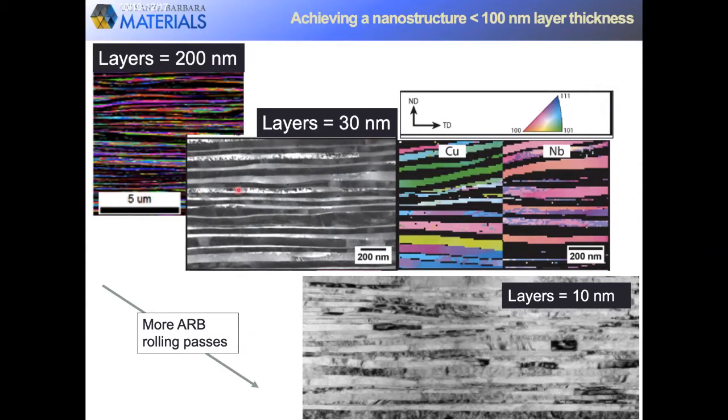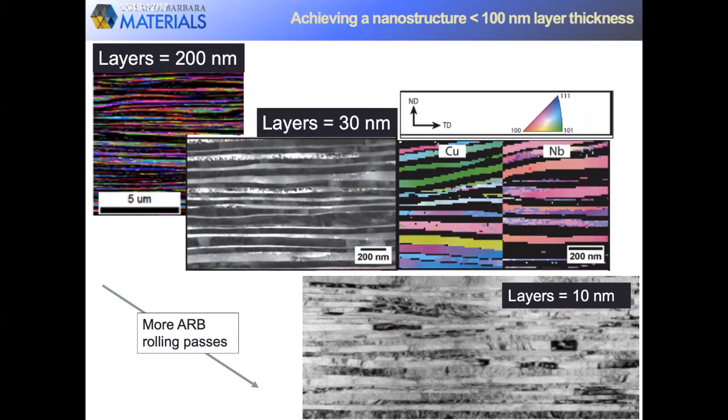As we now start to dive down into submicron levels, 30 nanometer layer thicknesses, and 10, we're right at the edge of orientation mapping by EBSD, and we now start to use TEM to make them out and to study their nanostructured characteristics.